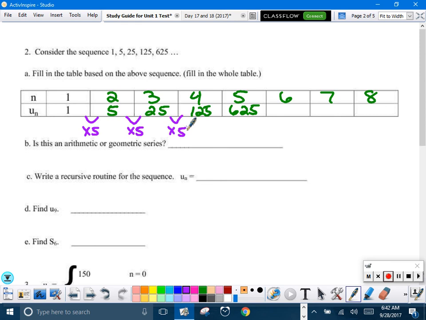So if I continue that pattern, times 5, 625 times 5, 3,125. Next one would be 15,625 and 78,125. All right, this one is geometric.